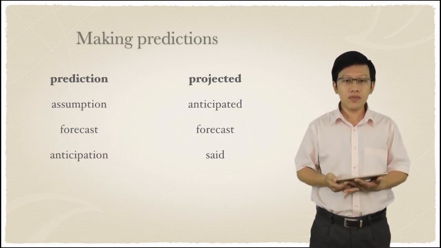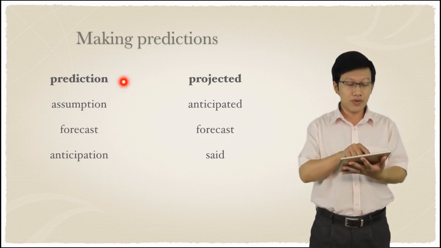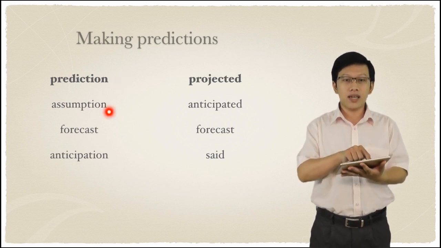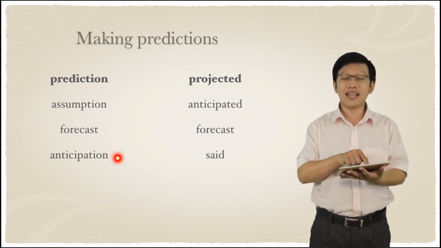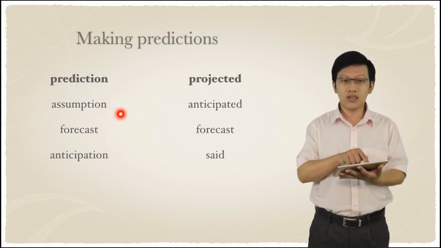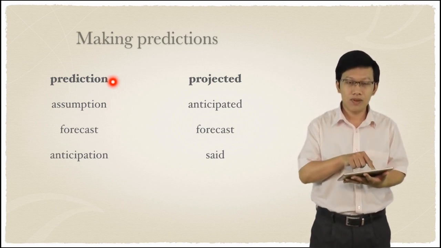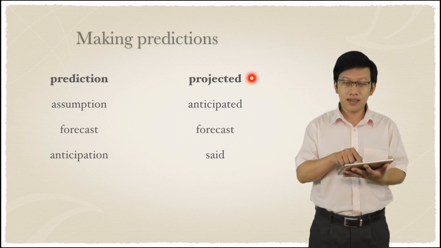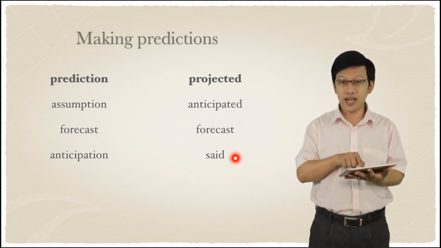Move on. We still have a lot of other words. We can say prediction. We can say assumption. We can say the forecast. We can say the anticipation. These are the three nouns that mean the same with prediction. Projected can be replaced by anticipated, forecast, and set.